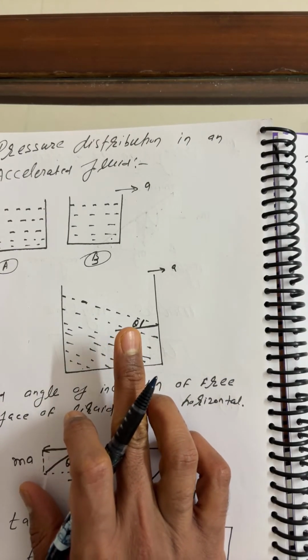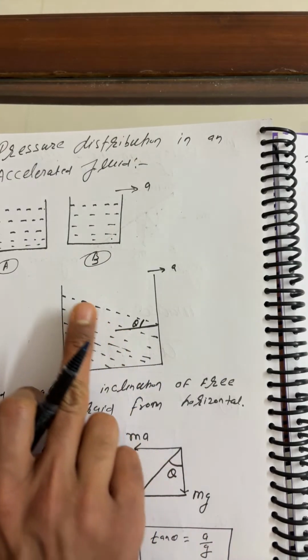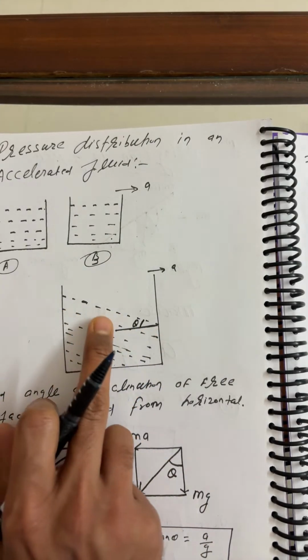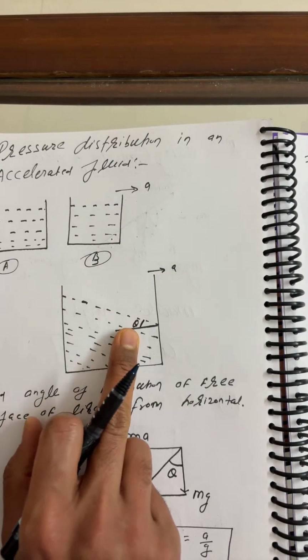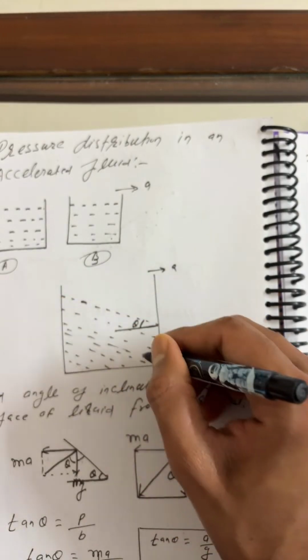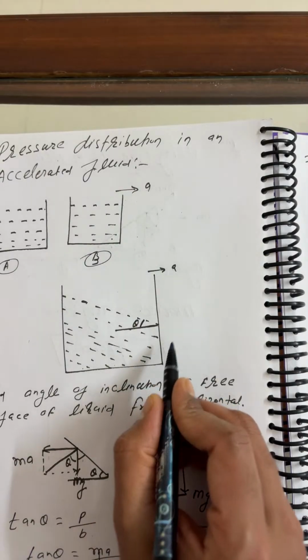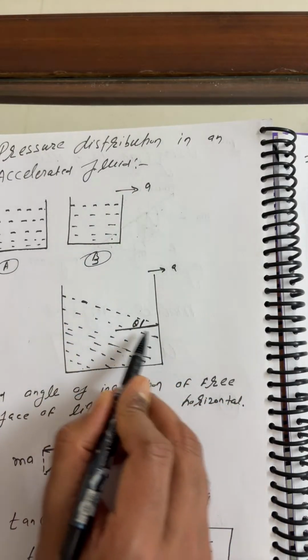Now from equilibrium of liquid, we can state that the pressure at every point of a liquid layer is parallel to each other, and parallel to the free surface, which is not horizontal. These are parallel surfaces.